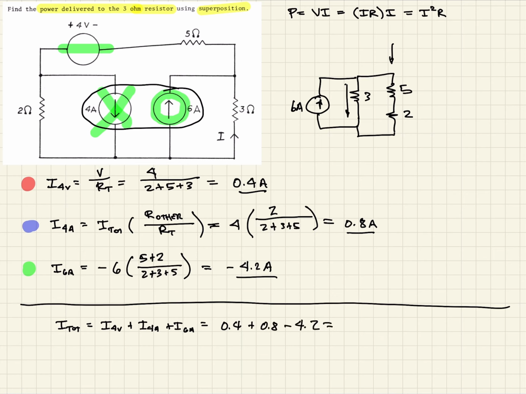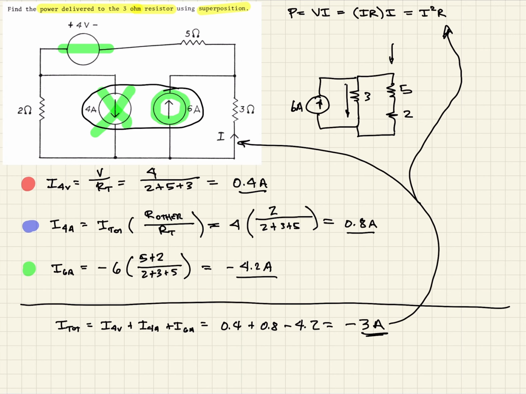We can take that and plug it into this equation here to determine the total power in the 3 ohm resistor, which is what they asked. So power in the 3 ohm resistor is going to be I total squared times the value of the resistor itself.